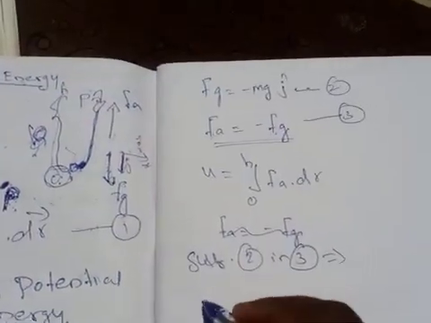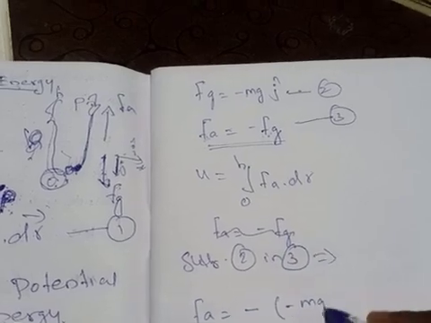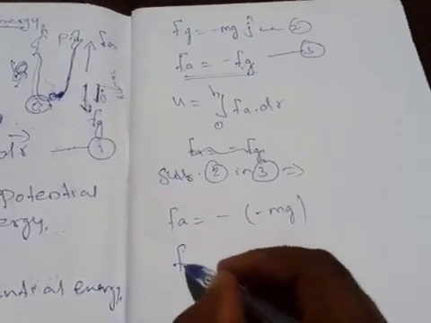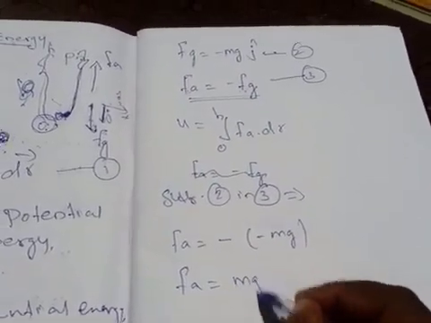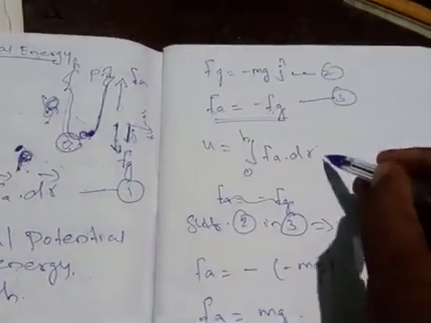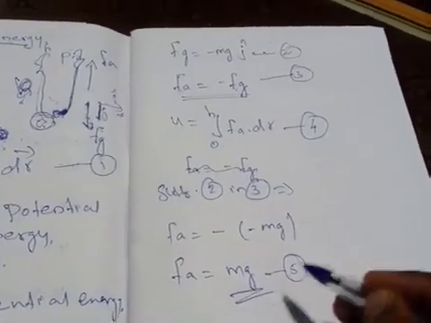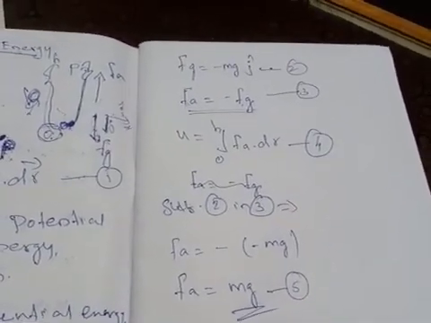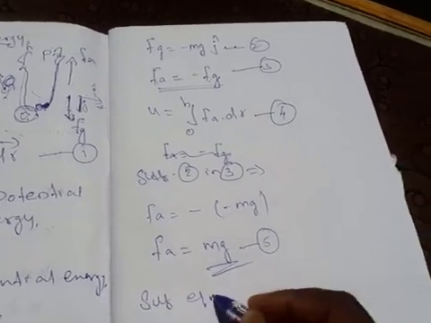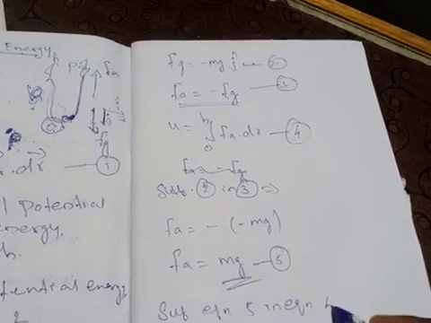Then we get Fa is equal to minus of minus mg, so Fa is equal to mg. This is equation 4, and this is equation 5. Now you can substitute equation 5 in equation 4.